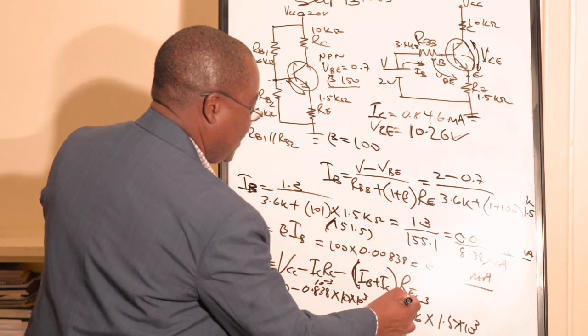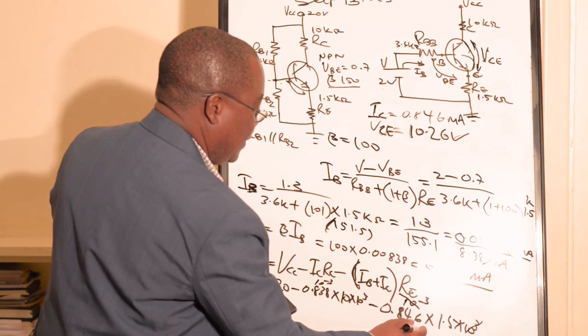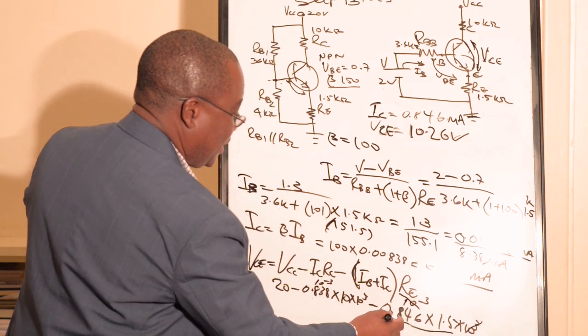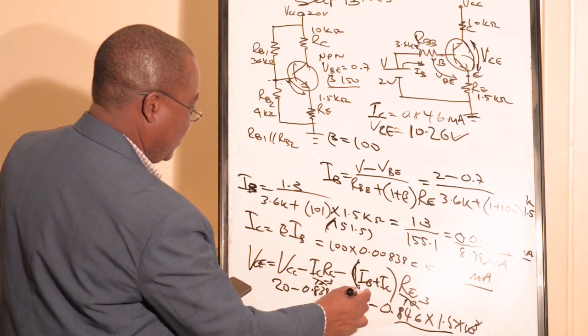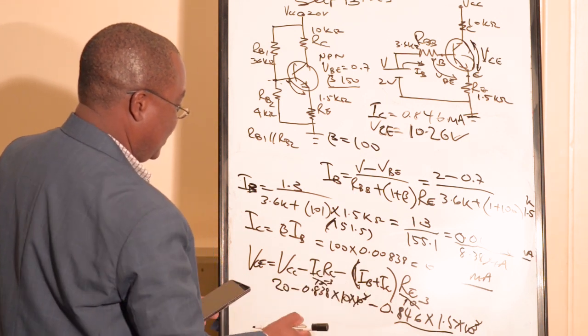So this one cancels. Then we have a multiplication here. Also this one will cancel. We have 10 power 3 and 10 power minus 3.